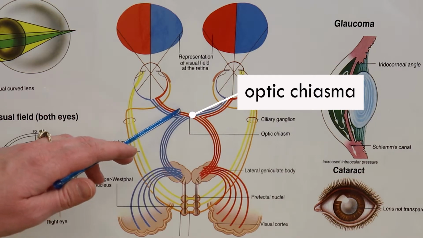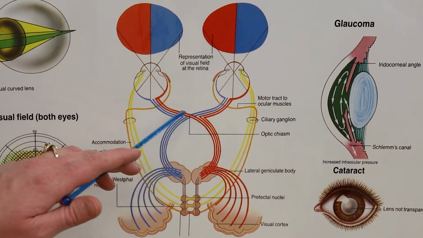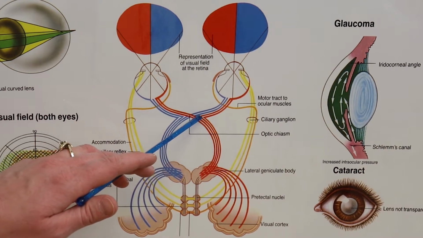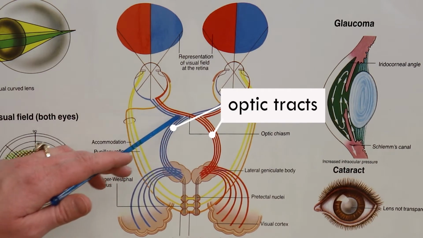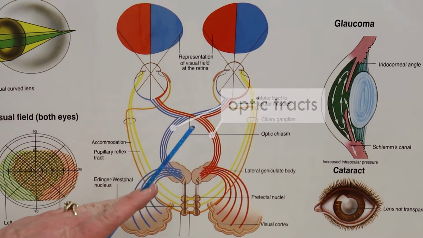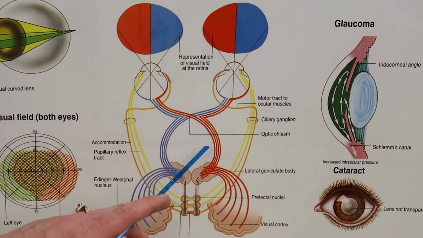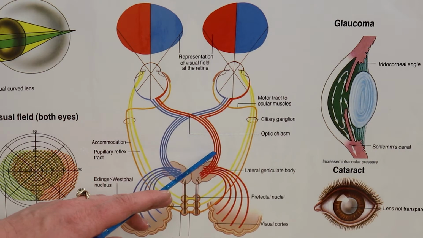You'll see it both ways. At that point, they do exchange some of the axon fibers, and then they continue as optic tracts from there. And so the optic tracts are named right or left based on what side of the body they're on, not on which eye they're carrying visual information from.